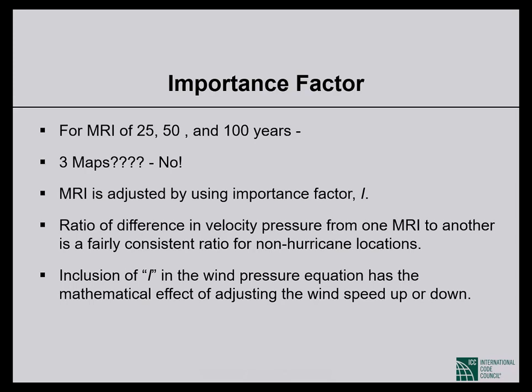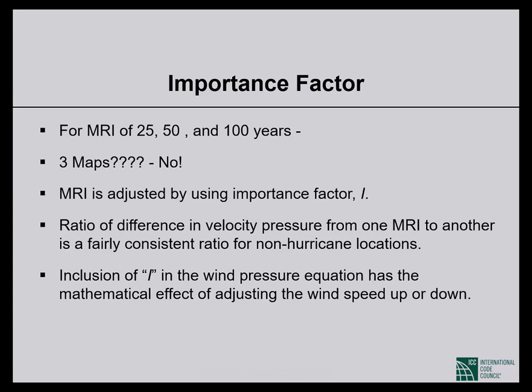So since we are using 3 return periods in design of structures of different occupancy and use, do we need 3 different maps in the standard? And the answer is no. ASCE 7 committee determined quite some time ago that the ratio between 50-year return period wind and 100-year return period wind is substantially constant.